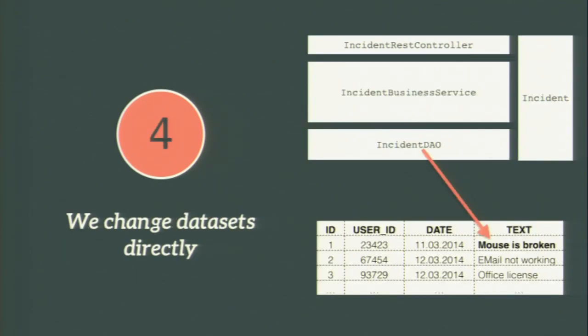And if we change data, especially with relational storages, we change data sets directly. So if I update this row with ID 1 to another value, the data set gets updated directly. Of course, the database in its core or in its basic runtime holds something like a transaction log or something like that. But basically, from the viewpoint of an application, the old value is gone after the transaction has committed.